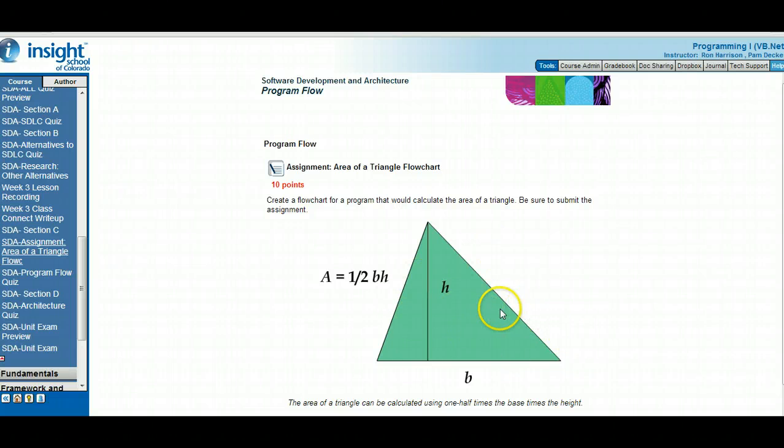And every triangle, you can figure out the area of the triangle by taking the 1/2 times the base times the height. So the base is how wide this is, and the height is how tall this is.